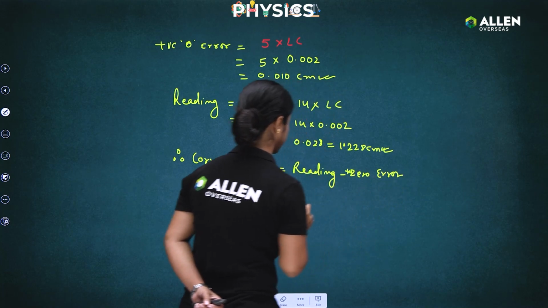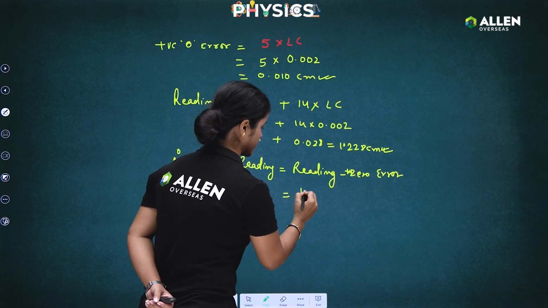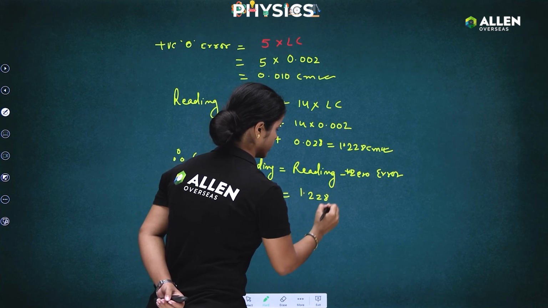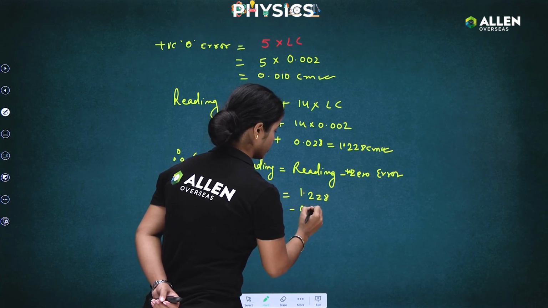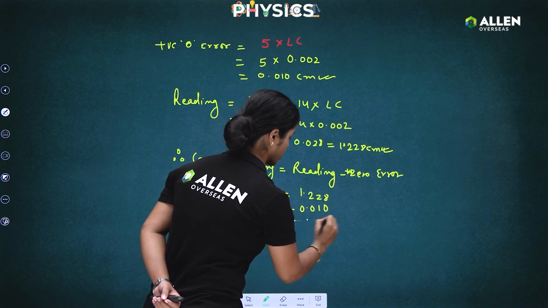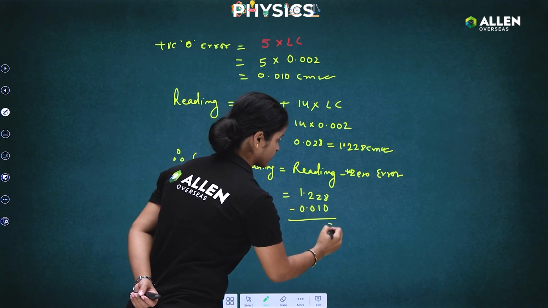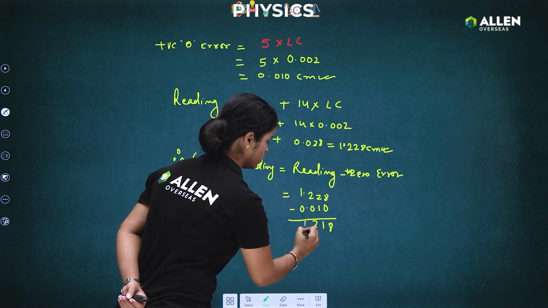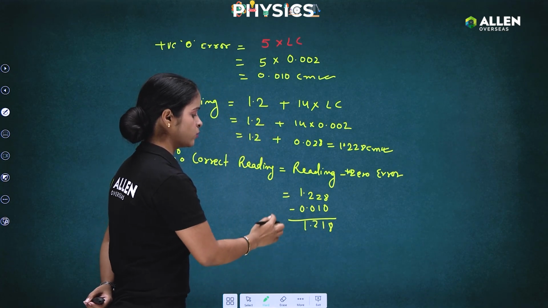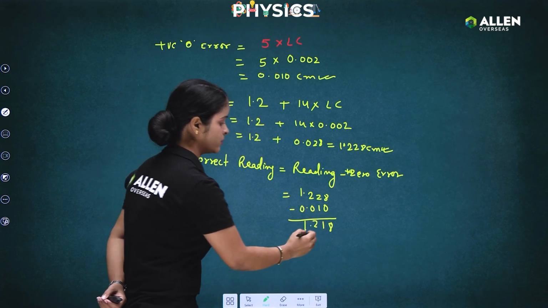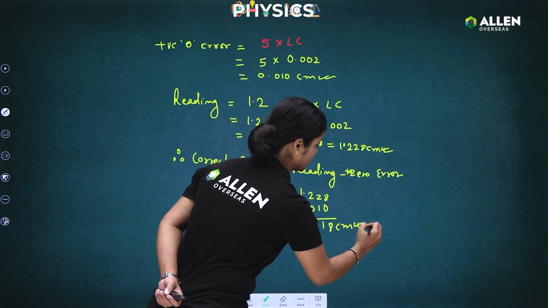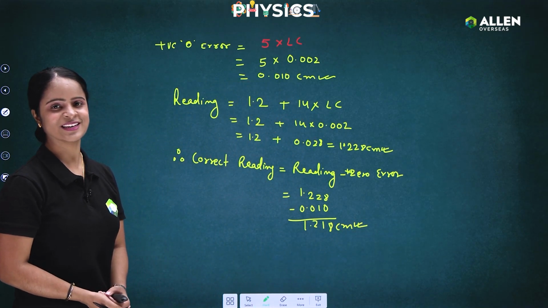Positive zero error, right? So I am also going to put here the values, that is 1.228 minus 0.010. After solving this part, what you are going to find? 1.218. Then finally, 1.218 centimeter will be the correct reading. Hope it is clear to you.